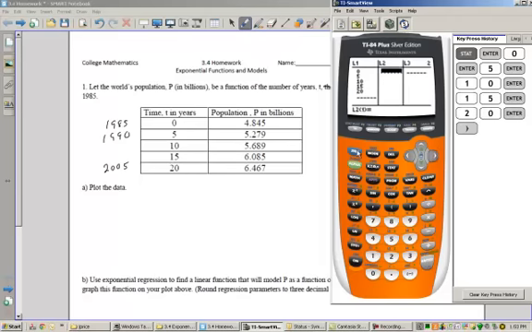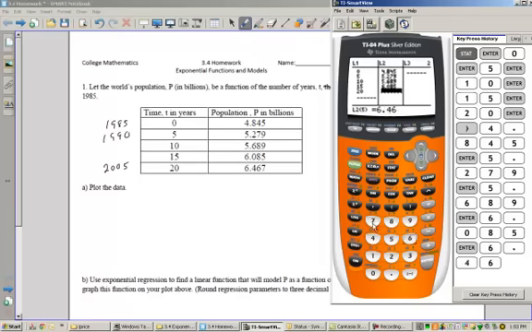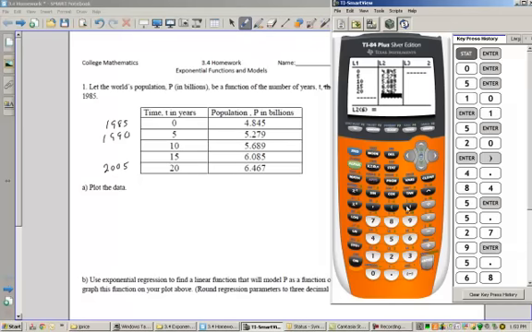Then for L2 we'll put our output: 4.845, 5.279, 5.689, 6.085, and 6.467. Check the data one time just to make sure everything looks good. I think it checks out okay.